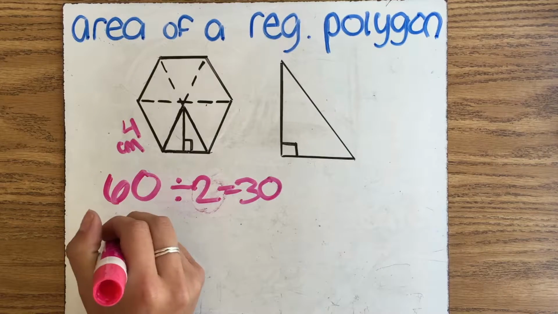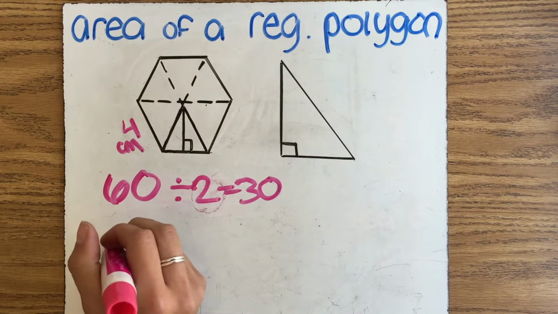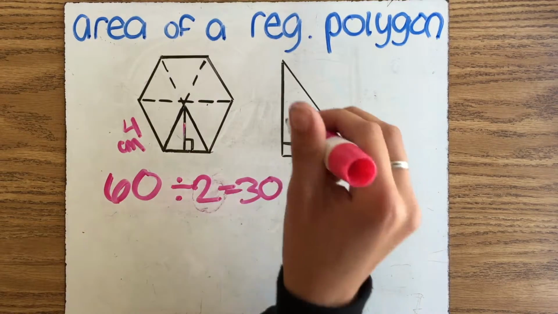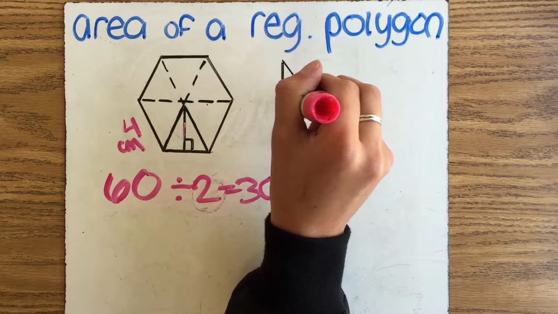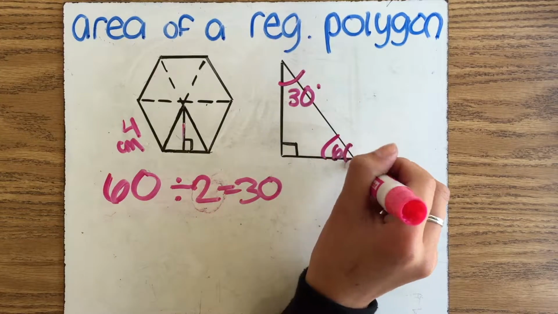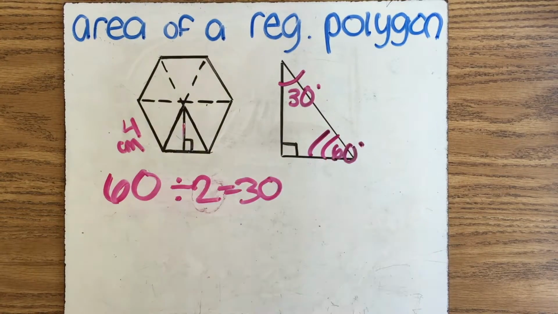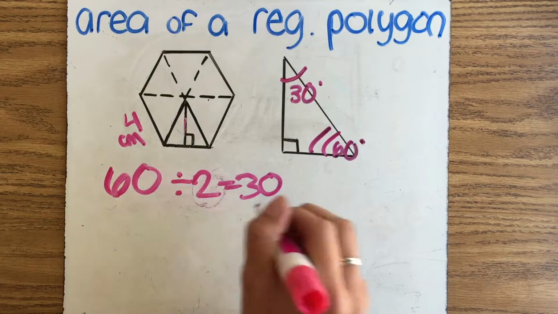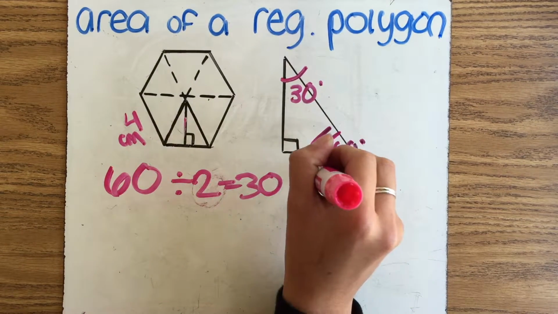Next, you divide the length of one side by 2. So with this 30 degrees, you can split this triangle in half and create a 30, 60, 90 triangle. And since you have 4, you divide that by 2, which equals 2, and that's the length of this.